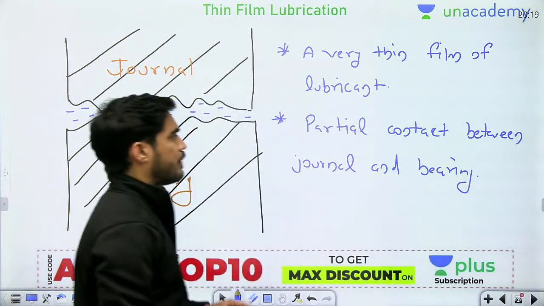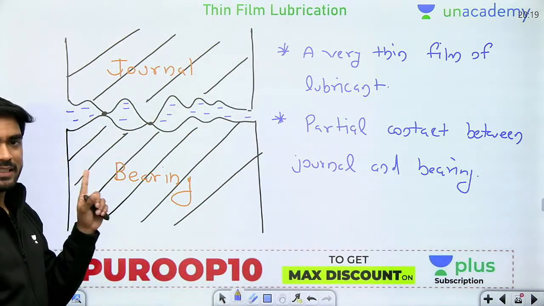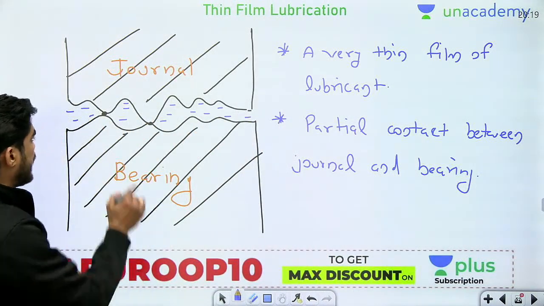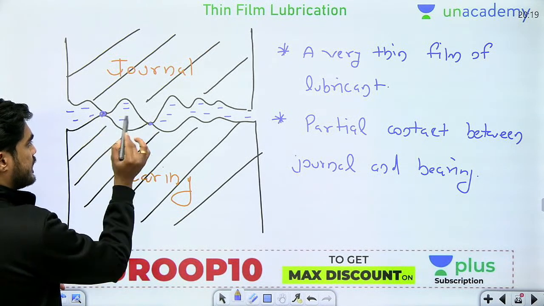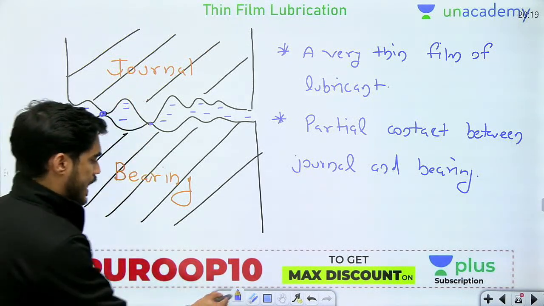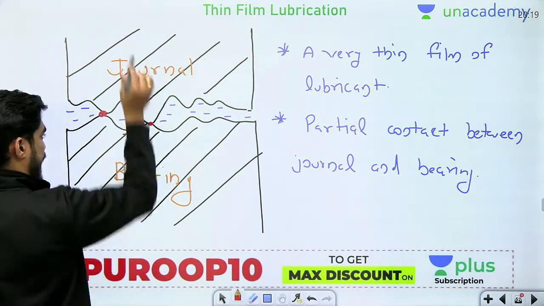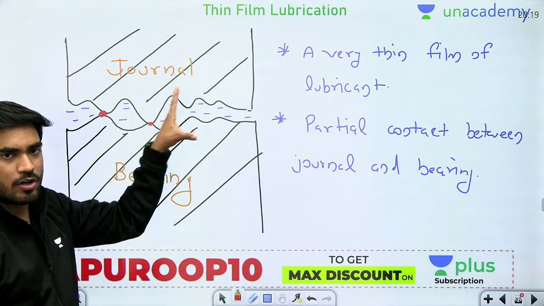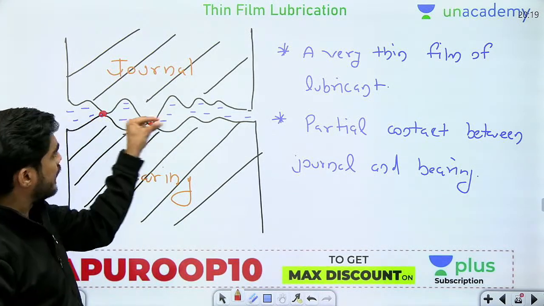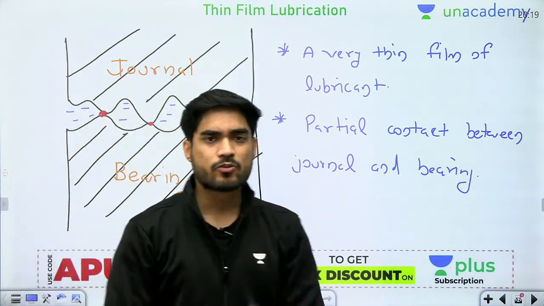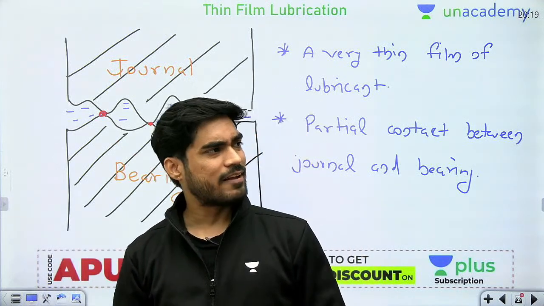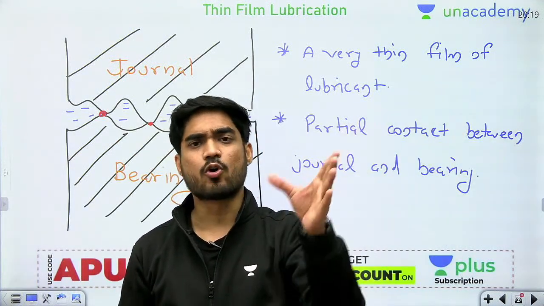The contact is not broken. You can see there is still contact between the journal and the bearing surface, due to which the bearing is directly supporting the load of the journal. There is a very thin film of lubricant. Now, where do you see this type of lubrication? Let's talk about the hinge of the door.